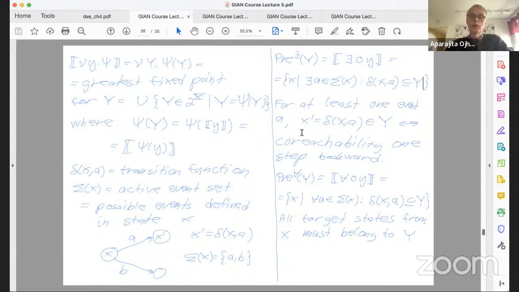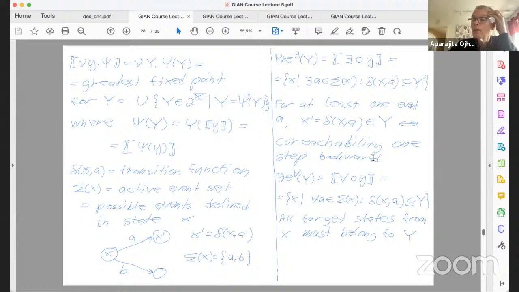This will be clear when we go through the examples, but I mention at least this specifically here now. For at least one event A, x prime equal to delta of x comma A is a member of Y. It's the same as making a co-reachability one step backward.